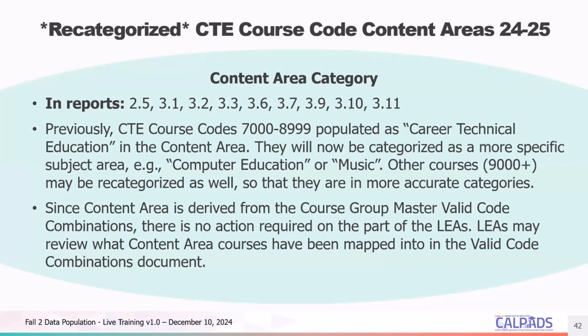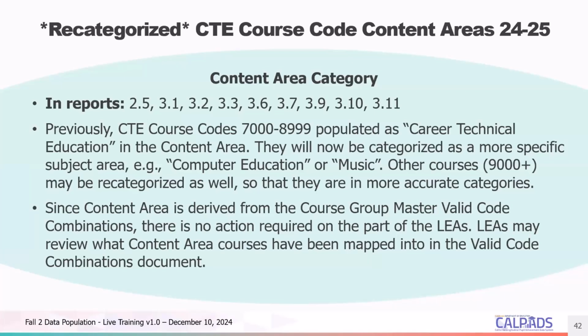And this is a recategorization of CTE course code content areas. The content areas in course section enrollment records is used by the CDE for dashboard reporting. So that's the kind of impact of this change.